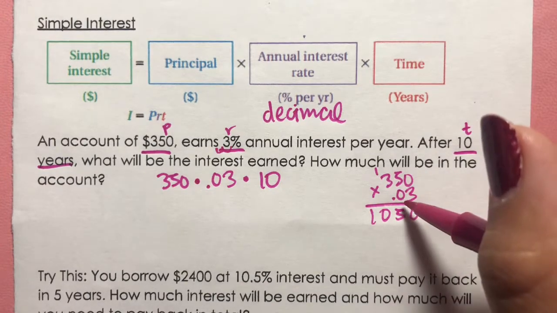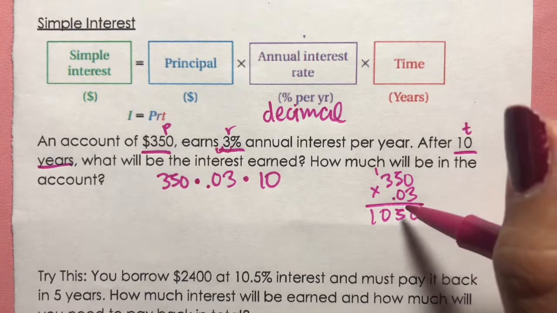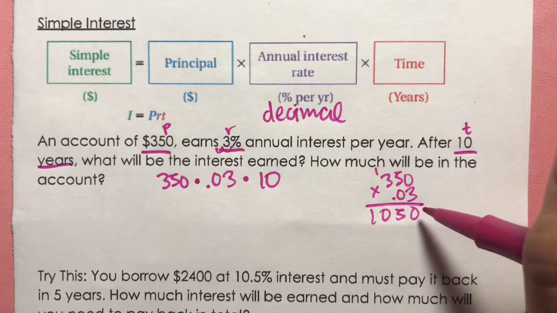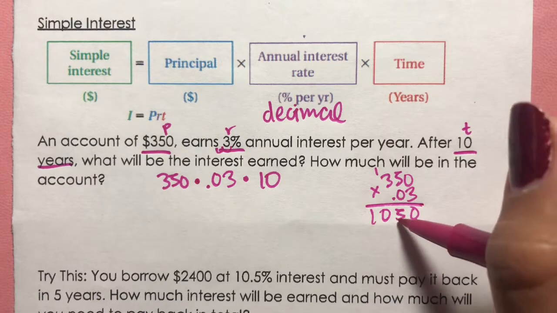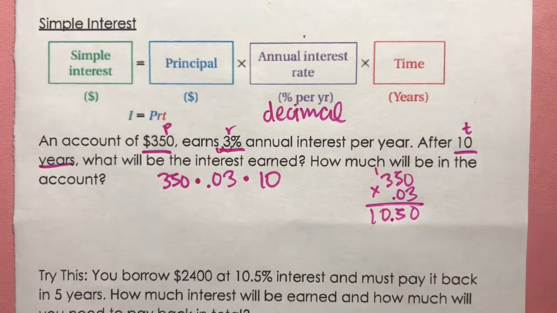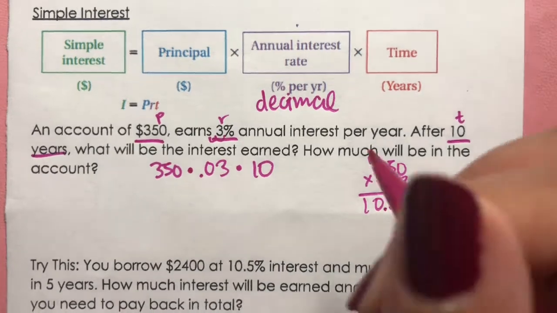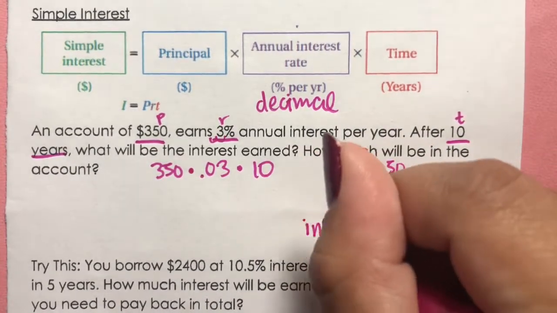So we are left with 1050, but we need to put the decimal in because we're multiplying with decimals. How many numbers are behind the decimal? 2. So we count off 1, 2. So we have $10.50. So that's our interest earned.